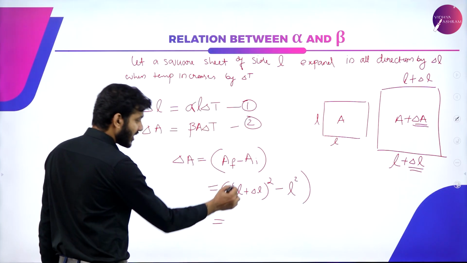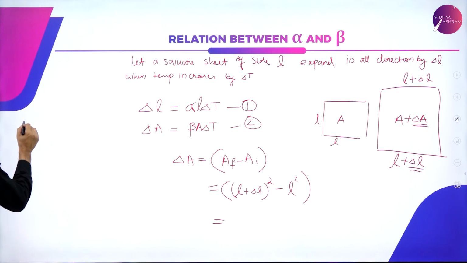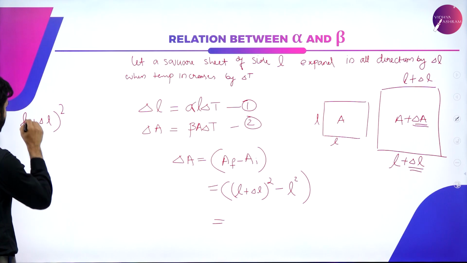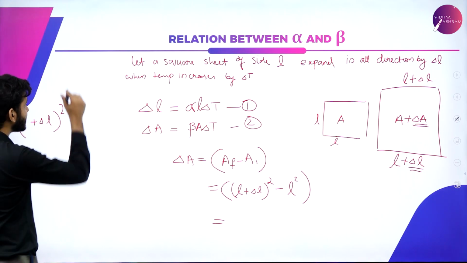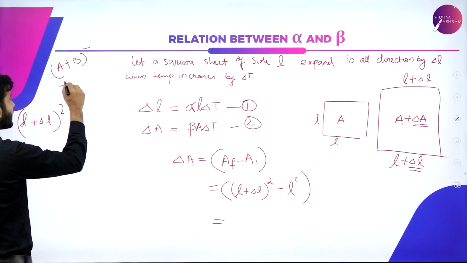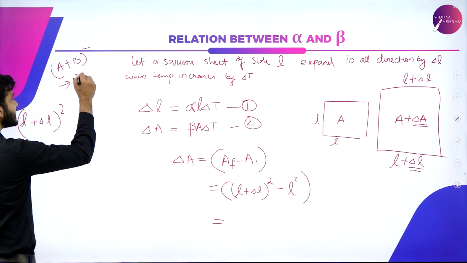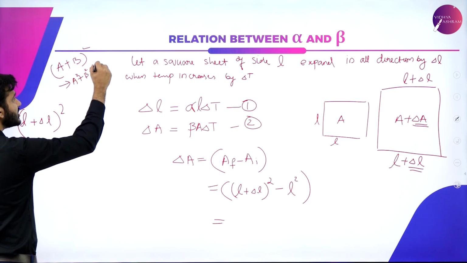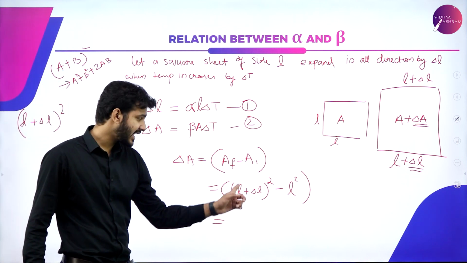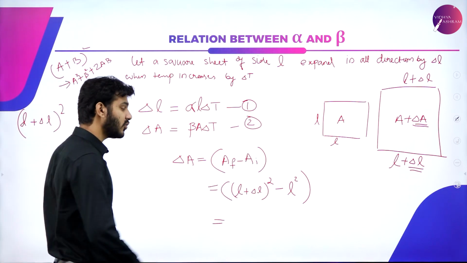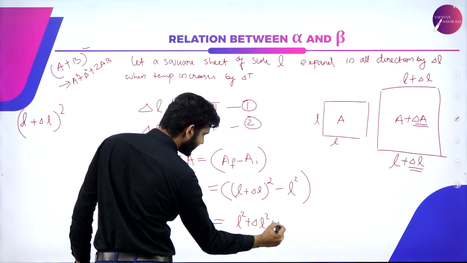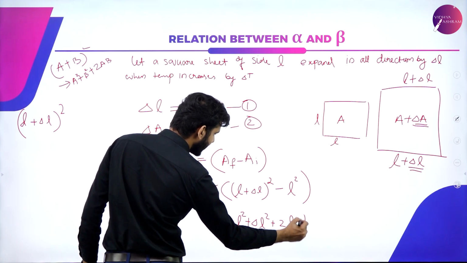This quantity, L plus delta L whole square, is like (a plus b) whole square, and we already know that (a plus b) whole square is a square plus b square plus 2ab. Just like that, (L plus delta L) whole square will be equal to L square plus delta L square plus 2L delta L.